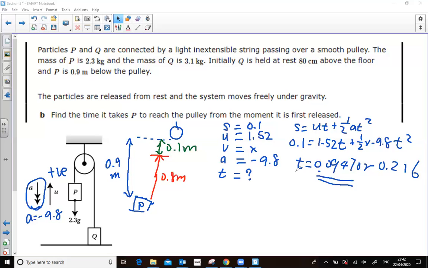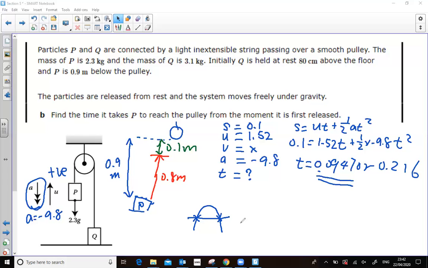talking about the particle moving upwards and then down, like a projectile, we always get two answers at a time, because if I draw a diagram out like that, this would be the smaller answer, the first time something reaches a certain height, and it will continue and go down, and this will be the second time something will reach a similar height.